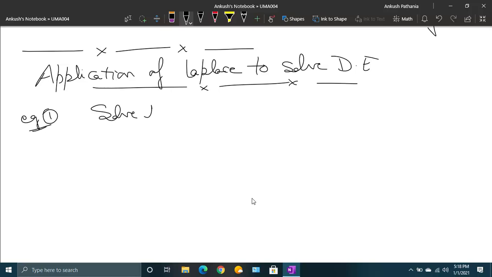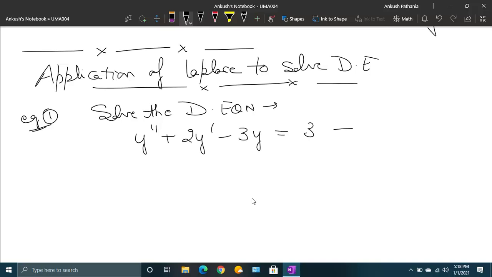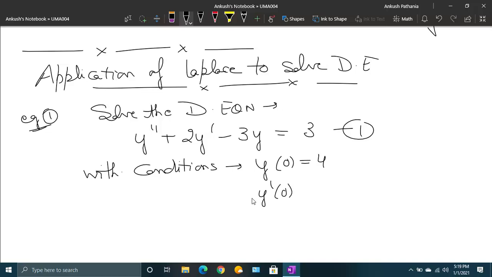So first question is, solve the differential equation y double dash plus 2y dash minus 3y is equal to 3 with conditions y(0) is equal to 4 and y dash 0 is equal to minus 7 using Laplace transform.